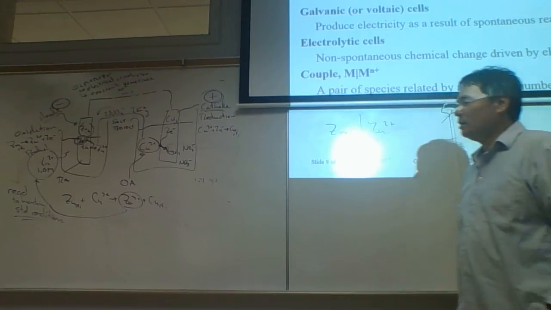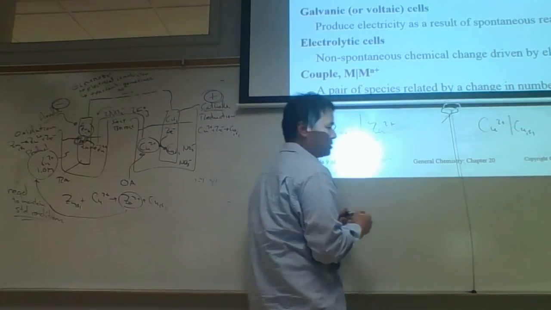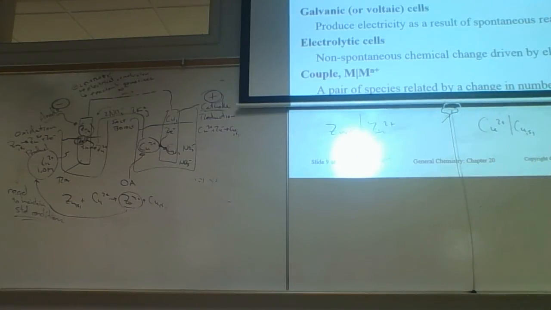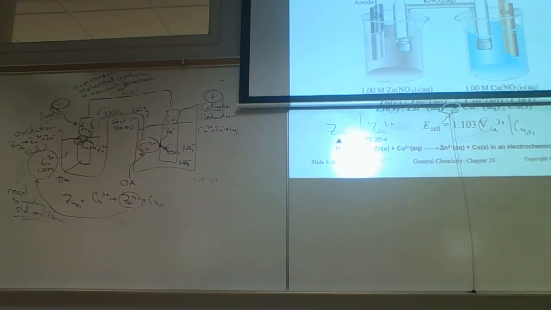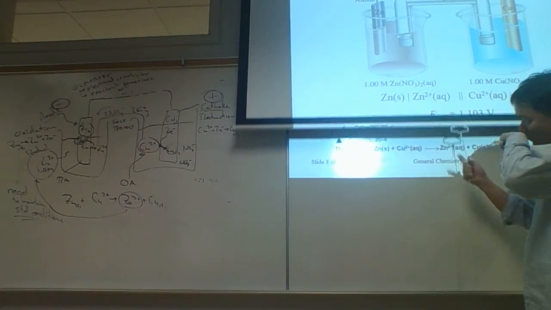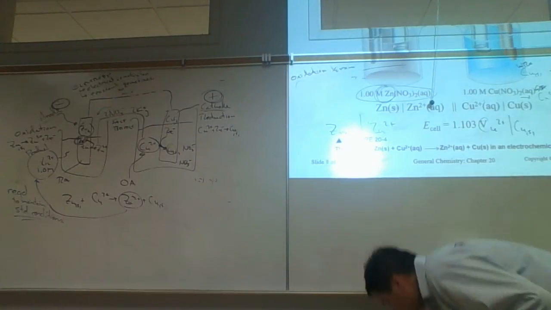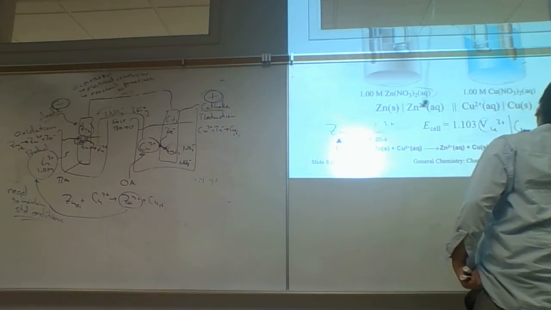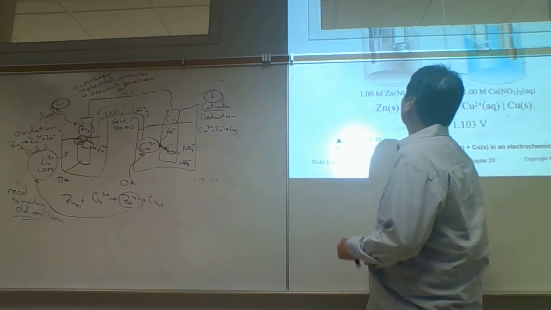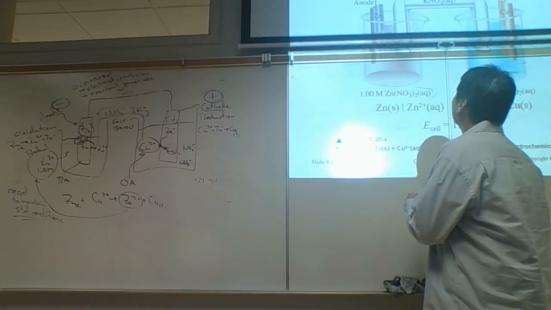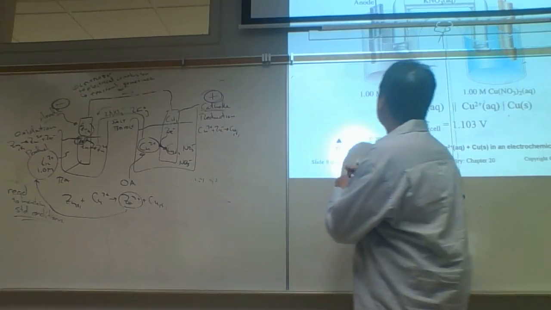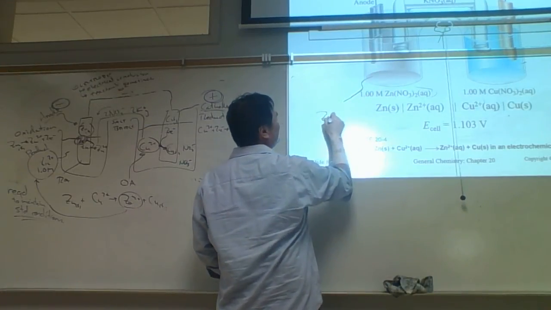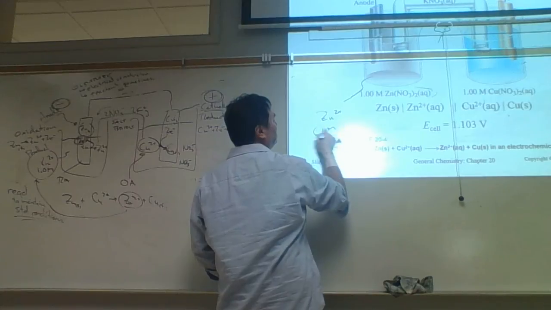Because under standard conditions, this is what this cell looks like. Under standard conditions, we can think of this cell as being a tug-of-war. Over here, we have Zn2+, 1 molar.